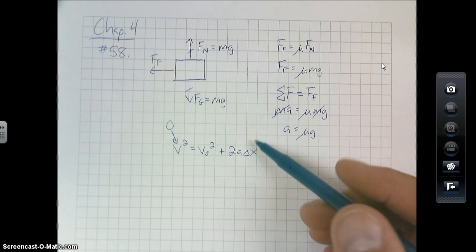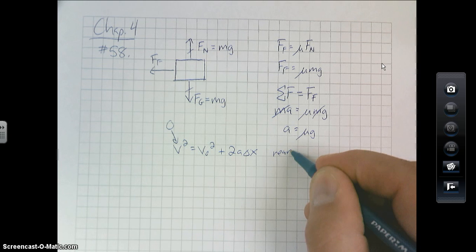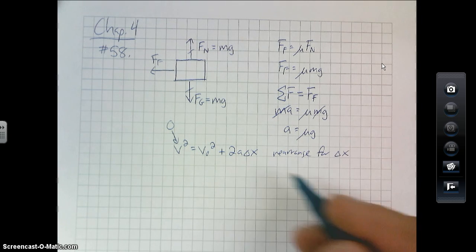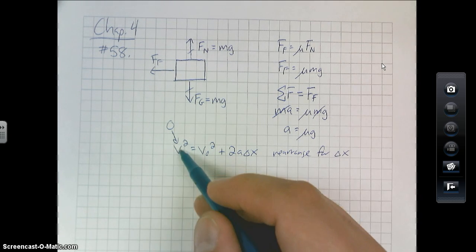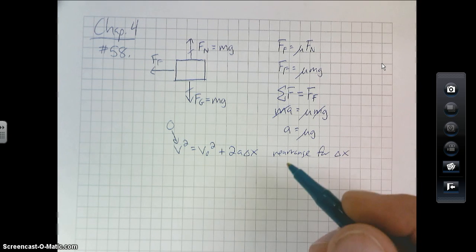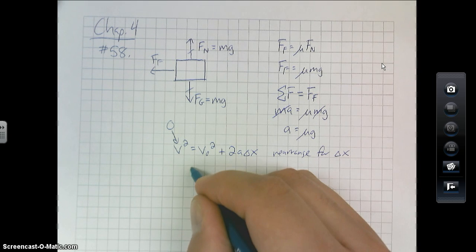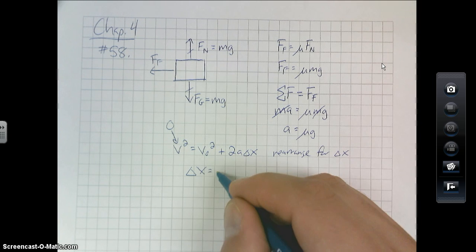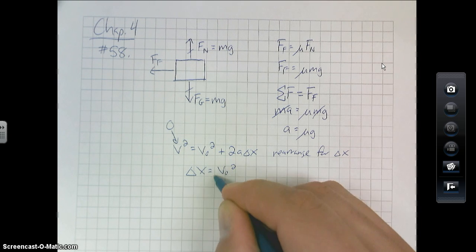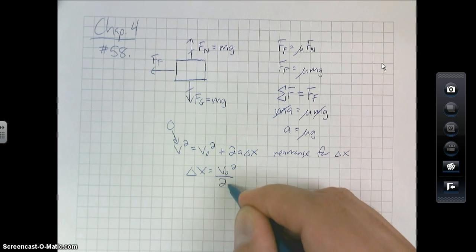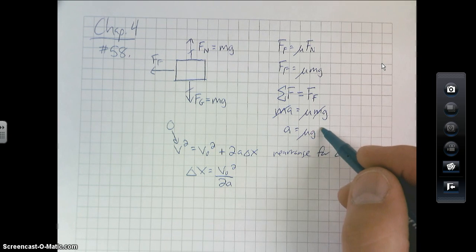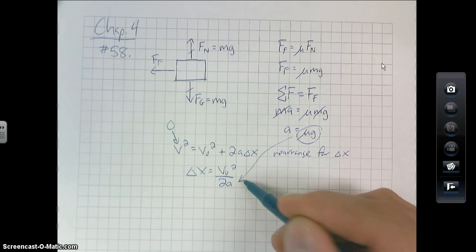Okay, so I'm going to rearrange this equation for delta x. So since v is 0, I'm just going to get rid of it essentially. So when I rearrange this, delta x would be equal to v naught squared over 2a. And then what I'm going to do is substitute in mu g for a.